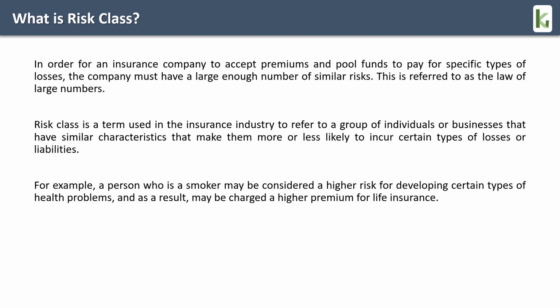Similarly, a person who is living in an area where the crime rate is high may be charged a higher premium by homeowners insurance. Why? Because of the high crime rate, the chances of burglary are high.